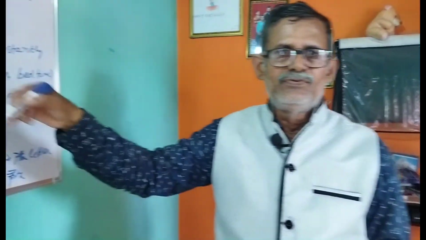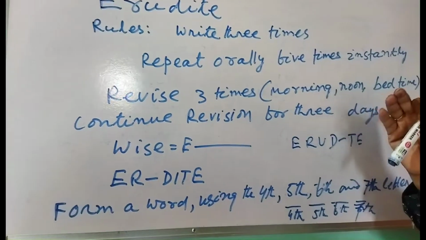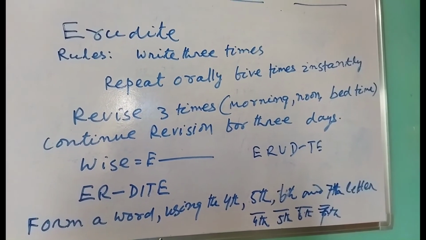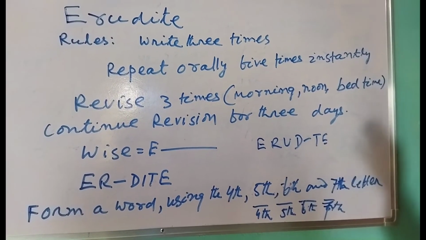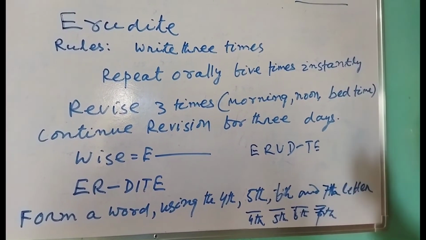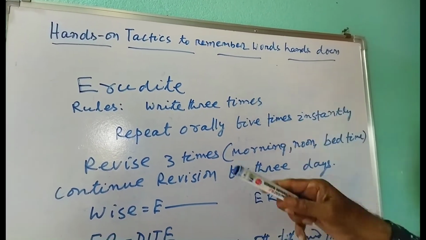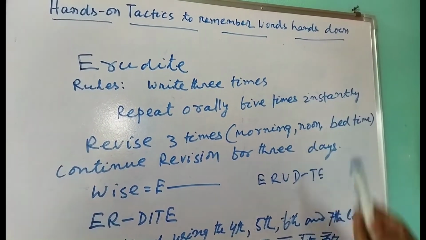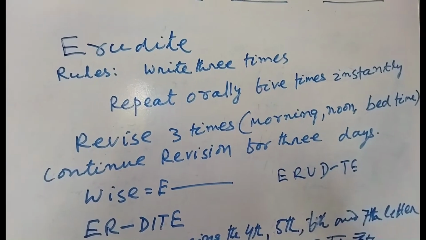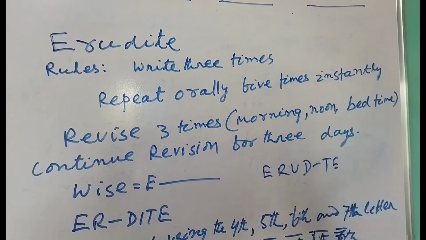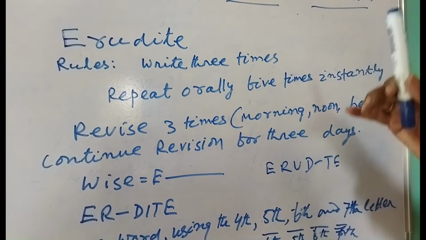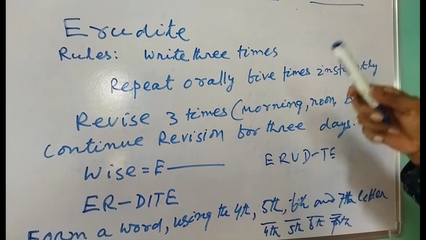So after three days, if you obey these rules and practice, true false, yes no, gap filling exercises, you can even frame an acronym, ERUDITE. Suppose E enthusiasm, R reformation, U understanding, D dutifulness or duty, I introspection, T transparency, E efflorescence.